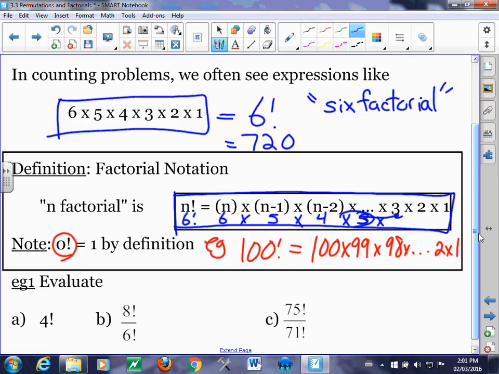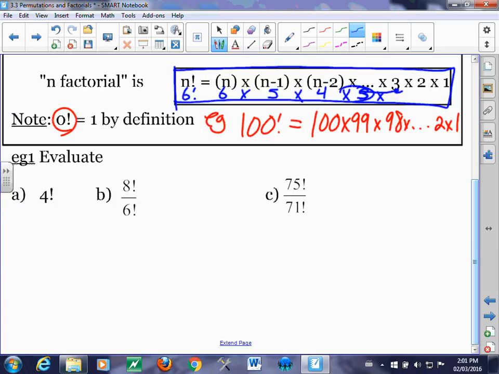Ladies and gentlemen, let's take a look at evaluating. This is practicing plugging in your calculator. So 4 factorial, if I asked you to expand it, would be 4 times 3 times 2 times 1. But if I asked you just to solve it, you plug it in your calculator and you get 24. Now, a way to simplify a fraction that has factorials in it is to expand the higher number until it meets the lower number.